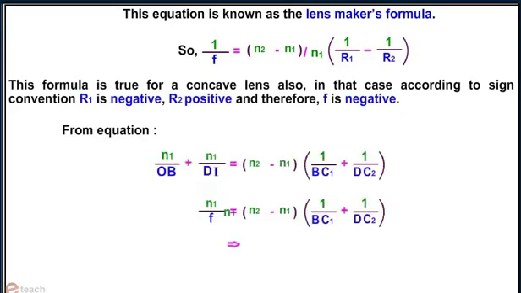From the equation, N1 by OB plus N1 by DI equals N2 minus N1 into 1 by BC1 plus 1 by DC2. This implies N1 by F equals N2 minus N1 into 1 by BC1 plus 1 by DC2.